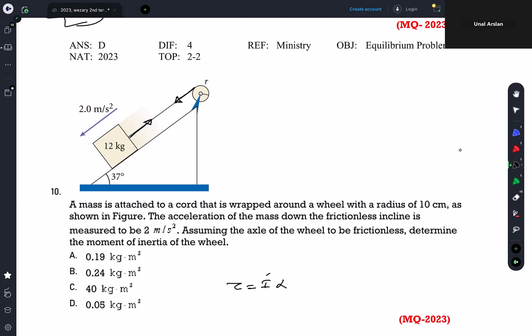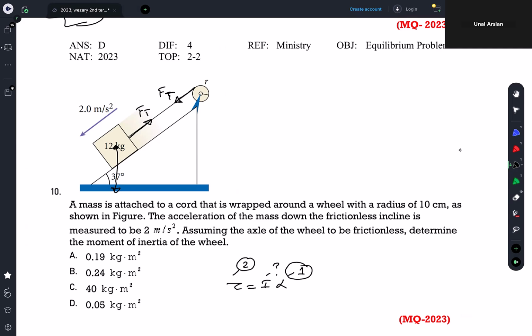Maybe this way we can find the moment of inertia. But to find this, I have to know alpha and the torque. To calculate torque, the tension force must be calculated first, because tension force produces the torque. To calculate the tension force, we are going to use the 11th grade dynamics problem solution way.